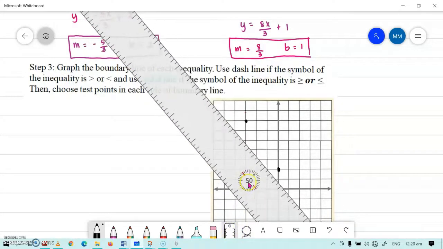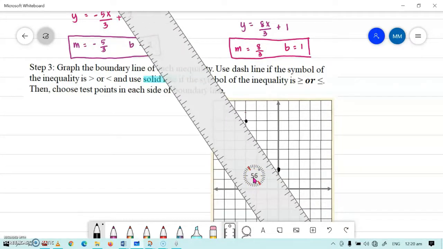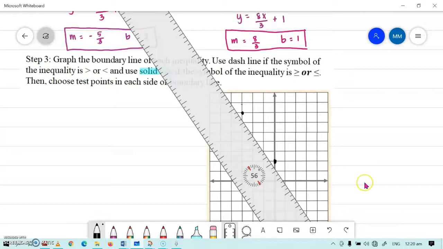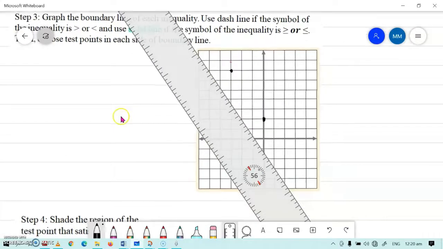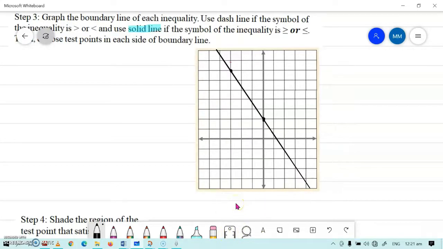So using a ruler, that is our boundary line for the first inequality.